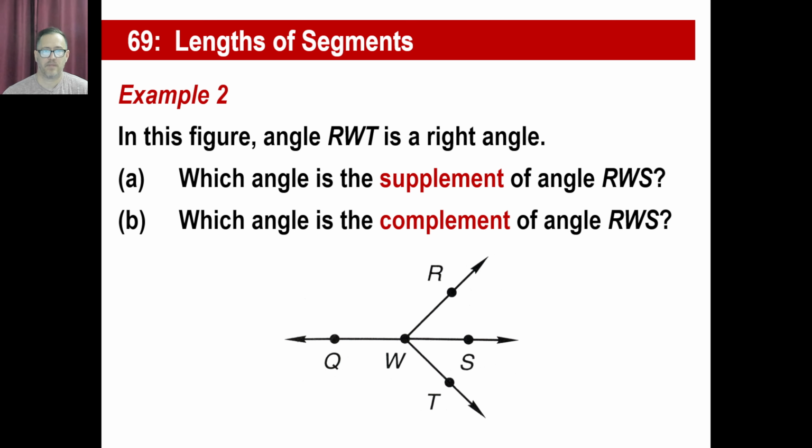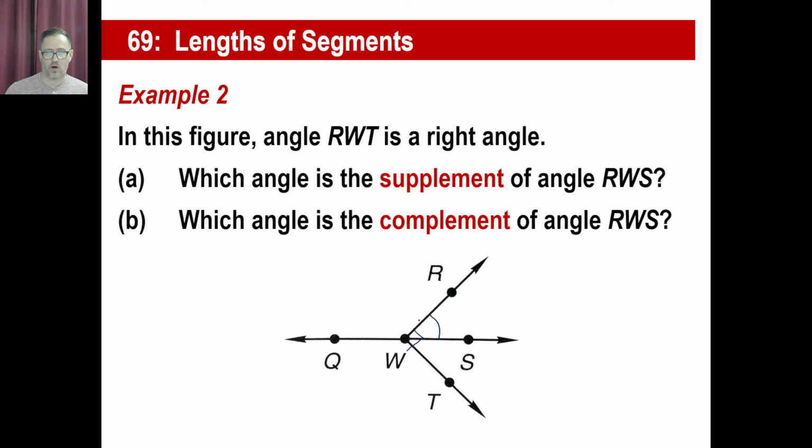That's it. All right. So this figure here, angle RWT is a right angle. In other words, this is 90 degrees if you were to draw it like that. Which angle is the supplement of angle RWS? Well, let's look at that. RWS is this angle, right? So what's the supplement of that angle? In other words, which one adds up to 180 degrees if you add it?